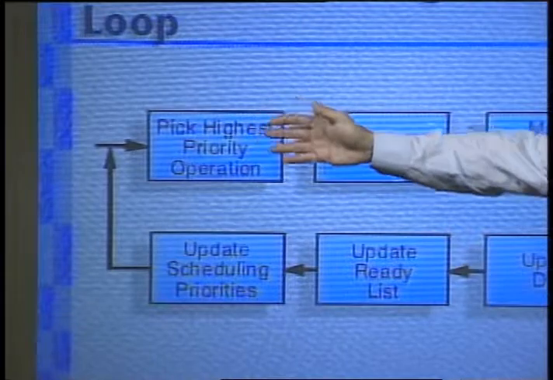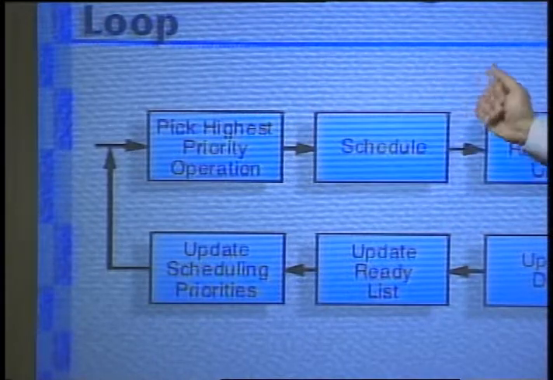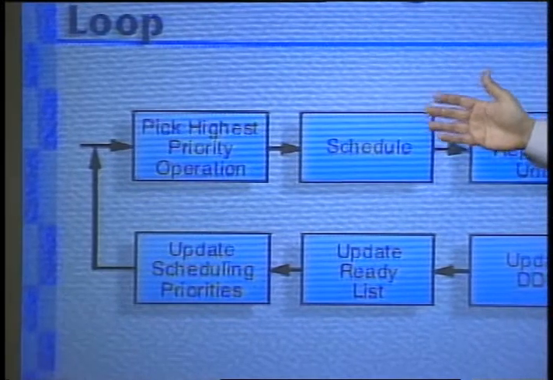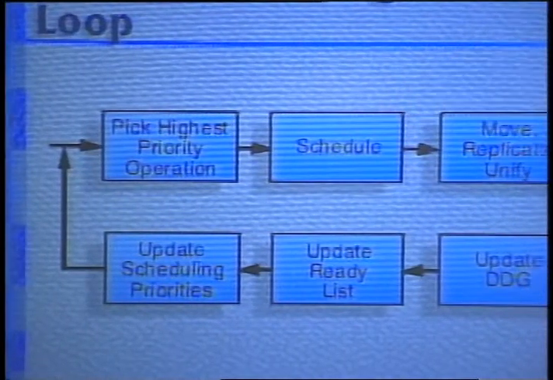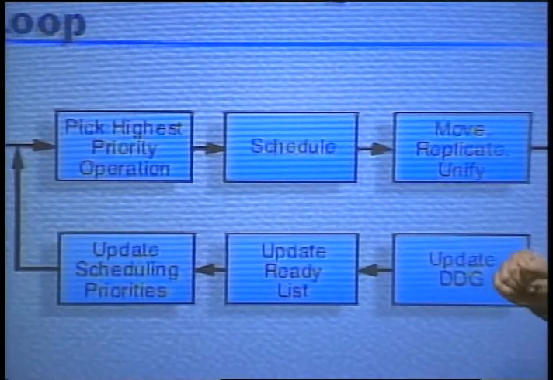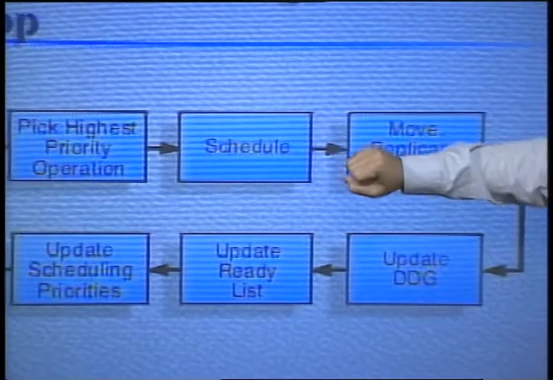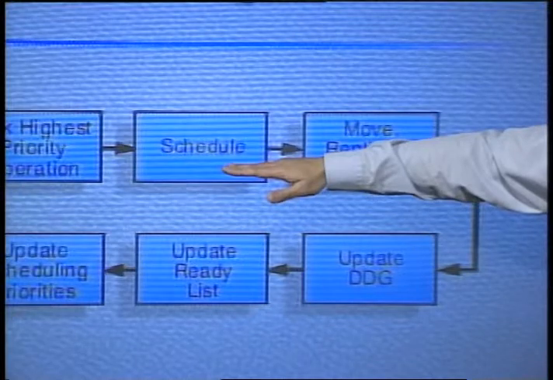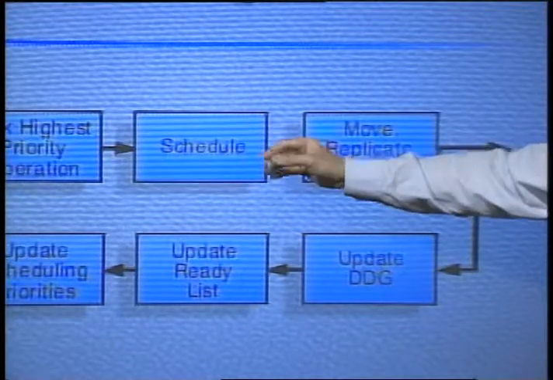Let's say we pick an operation somehow. The next thing is we want to schedule it. Now, scheduling is essentially a code motion problem because we are reordering the computation relative to what it used to be. It might have been following some other operation initially. After scheduling, it might precede it.